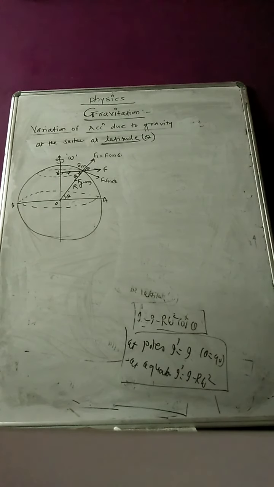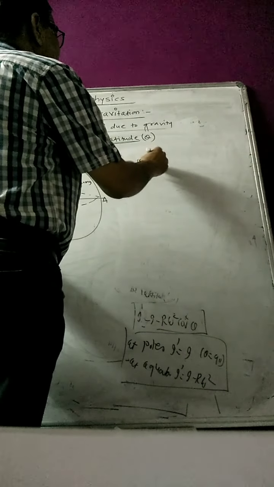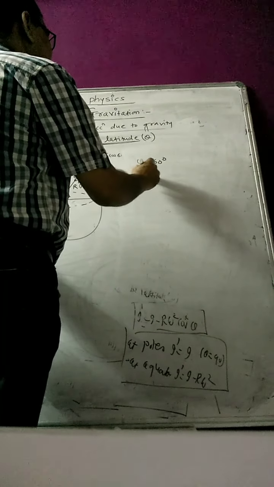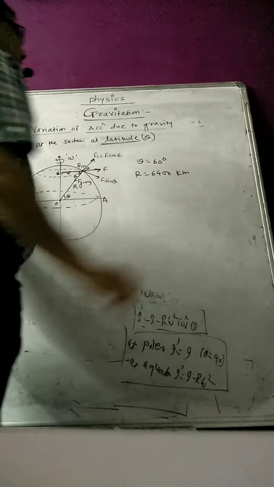Assume earth is a sphere of a radius 6400 किलोमीटर. आता मुलांनो दिलेलं काय काय बघा, थीटा दिलाय तुम्हाला 60 डिग्री, हा 60 डिग्री म्हणजे इथला अँगल तुम्हाला देऊन ठेवलाय. रेडियस ऑफ द अर्थ पण दिलेला आहे 6400 किलोमीटर.